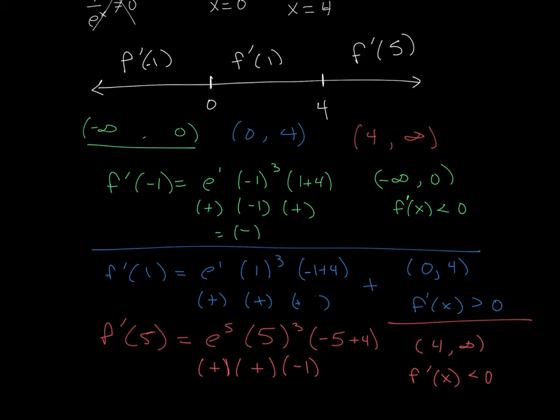So what this is saying here is that the first interval from negative infinity to 0 is less than 0, so that's going to be negative inside this range.